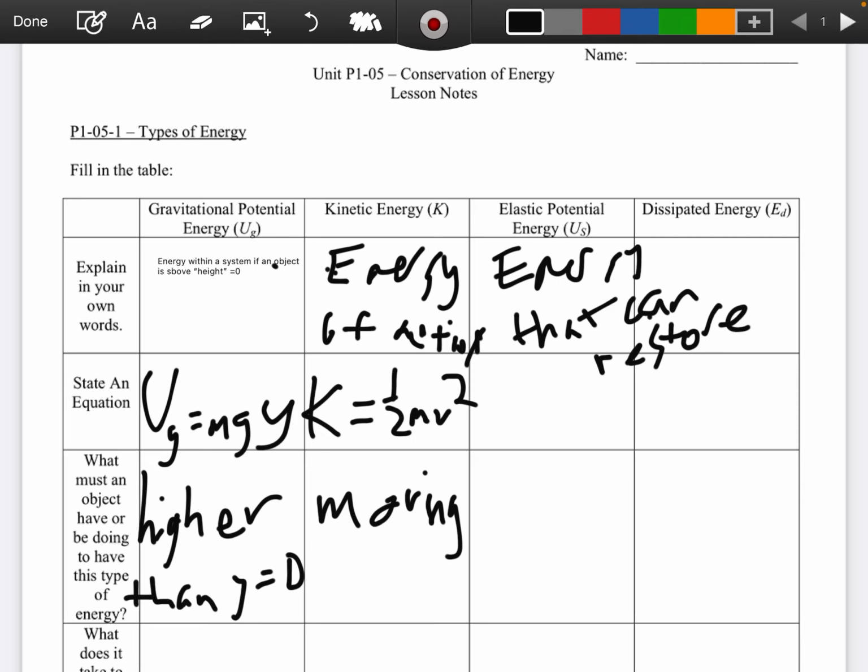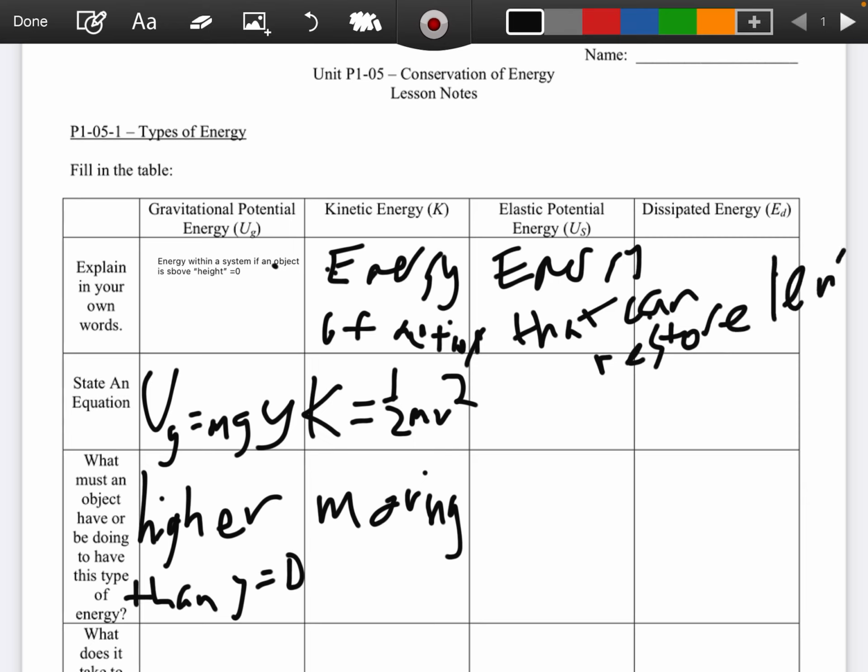So an energy that can restore. If you think about a spring and you compress that spring, you pull that spring back, then there's spring potential energy there because that energy can restore the spring back to its equilibrium point. Or if you stretch that spring. Or if you take a bungee cord and you pull the bungee cord all the way down, there's spring potential energy in that bungee cord, but that potential energy is going to restore it back to its original length.